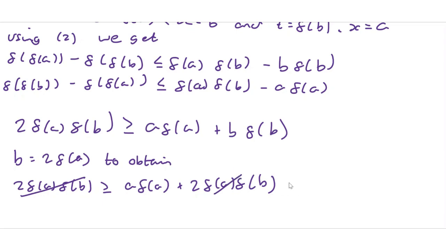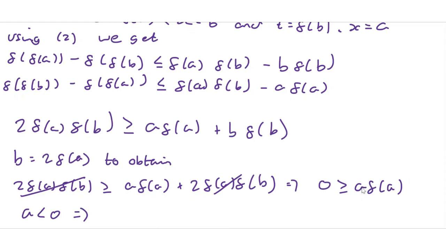So this is the same as 0 is greater than or equal to a f of a, and we want to consider x less than or equal to 0. So what can we say about a less than 0 here? Well, if a is less than 0, because a is negative, when we divide by a, we're going to change over the inequality side.